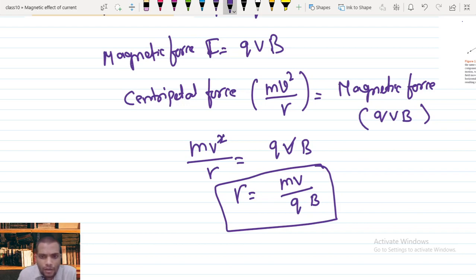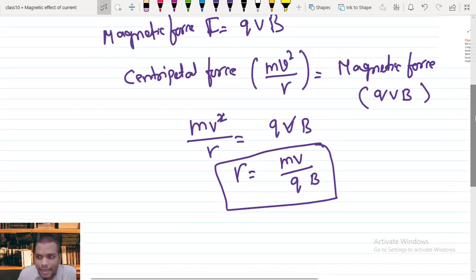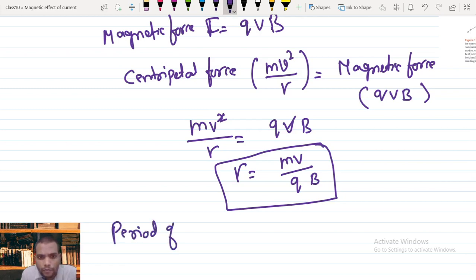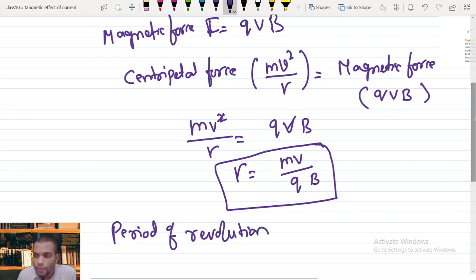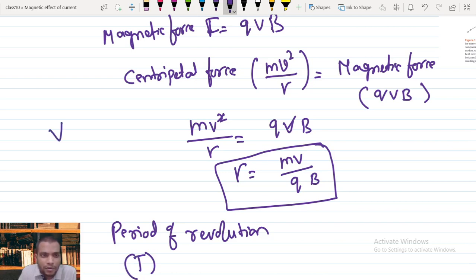Okay. Now if we have the radius, can we get the time period of revolution? Period of revolution in circular motion. So how can we calculate it? Period means I need to get time. So we know the velocity formula, velocity equals distance upon time.